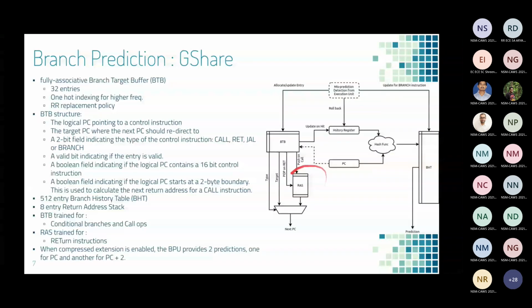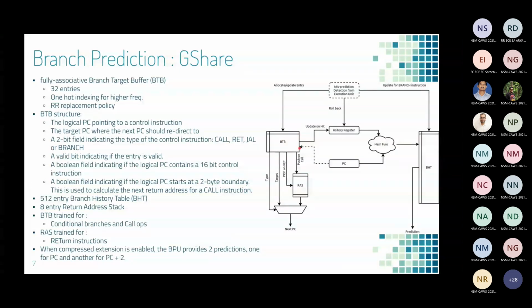As soon as I detect a call, so I have a PC is a function call, a call instruction or a jump instruction, which is interpreted as a call instruction. You find an entry in BTB, okay, this is a function call, you need to jump to 10,000. You're at address 1000, you need to jump to 10,000, and you need to return back from the function at 1004. That 1004 address is what is pushed into this particular stack within the branch predictor itself.